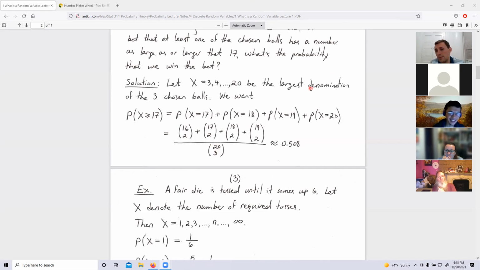Every time we play this game, the probability X is equal to 17 means I have 17 and every other one is smaller, right? So I already have 17. So in my Kafka protocol, when I list which numbers I have, 17 is filled in and I have room for additional 2. And those 2 must come from the first 16 balls. Agreed?